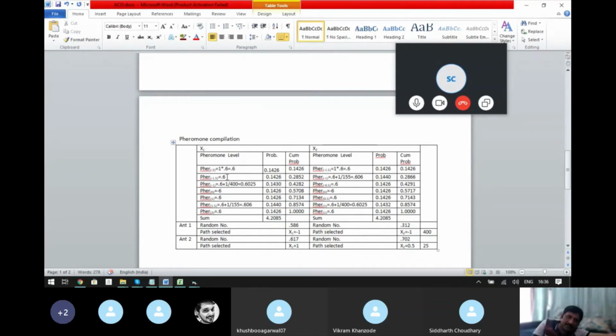The pheromone on the paths where x1 was -1.5, 0, 1, and 2 will be 0.6, because ant 1 has not used these paths for completing its journey, right?